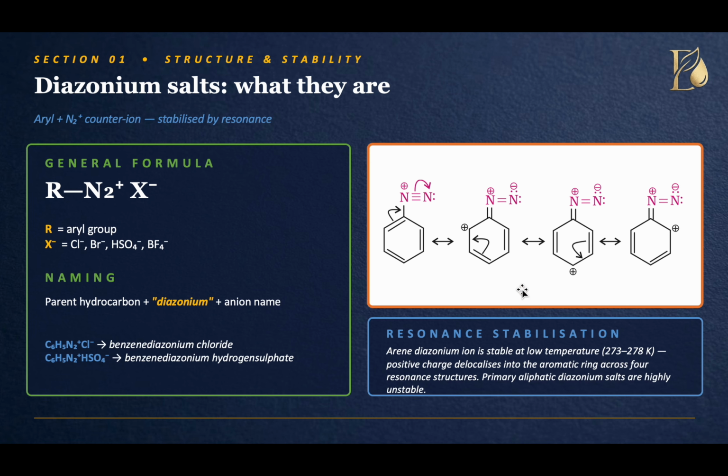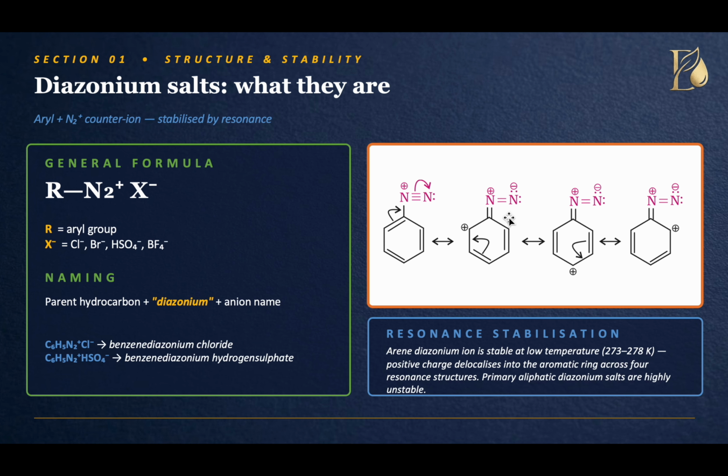further in this session. And diazonium salts are stable at low temperatures because of the resonance stabilization. Benzene diazonium ion is stable at low temperature, between 273 to 278 Kelvin, and the positive charge is delocalized into the aromatic ring across 4 resonance structures. So diazonium salts are stable compounds, but at high temperature they will decompose.